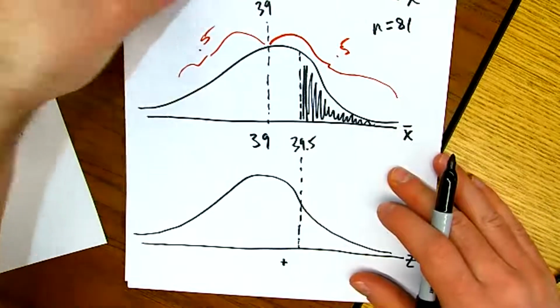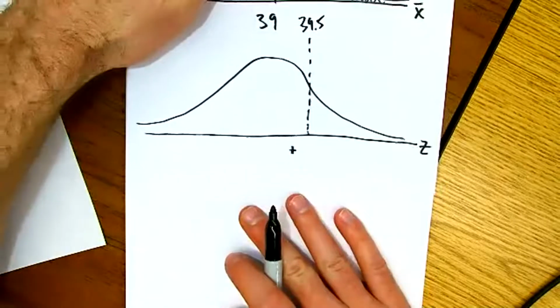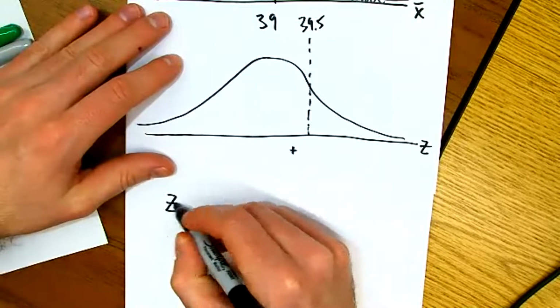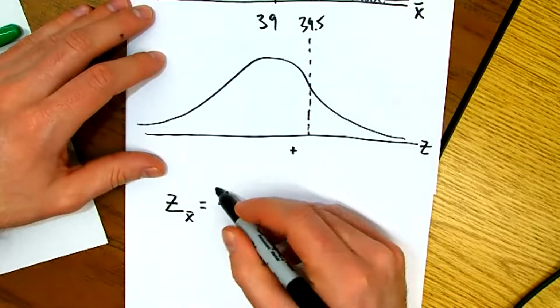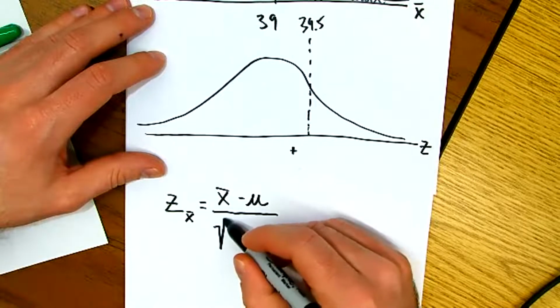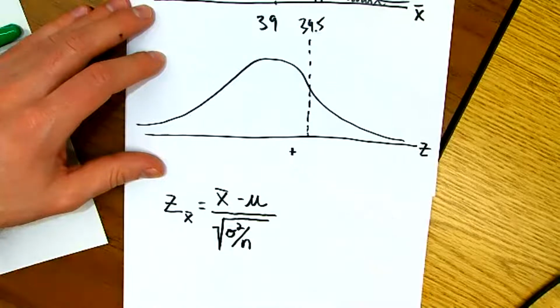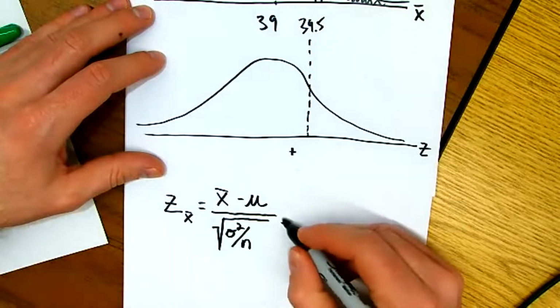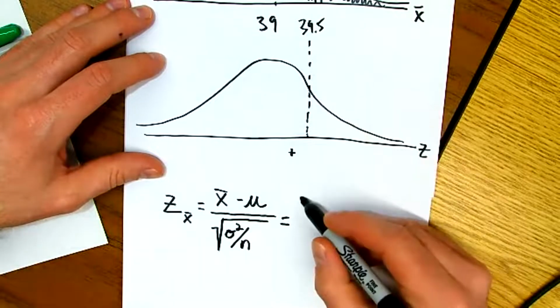So I could have gone about it this way. I've got my z-score equation, which looks like this, and we could look at it a couple of different ways. I'll write it the easiest way. I know that the cutoff value I'm interested in is 39.5.